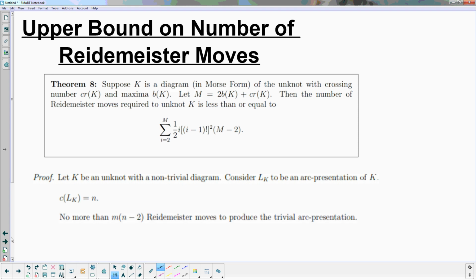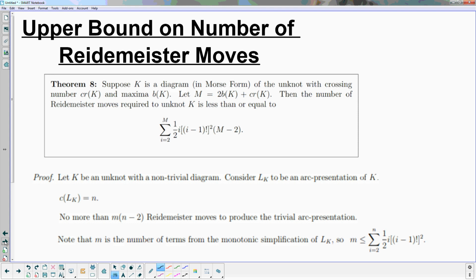We know that there's no more than n minus 2 Reidemeister moves, which came from our previous page, and there's m of those, the upper bound of n minus 2, from that number of terms of all the different stages of your unknotting process.